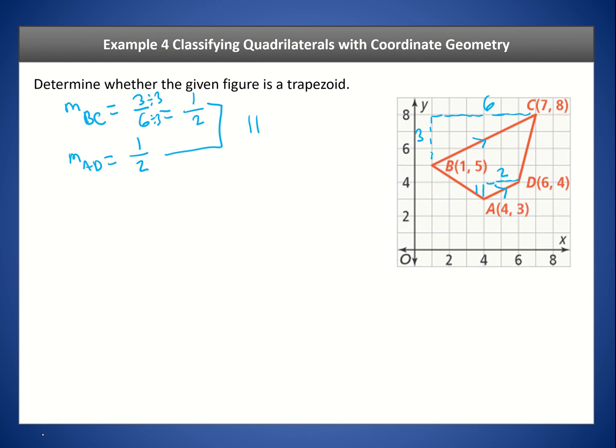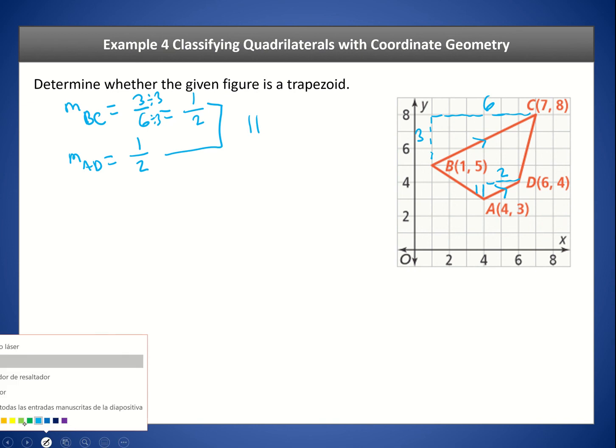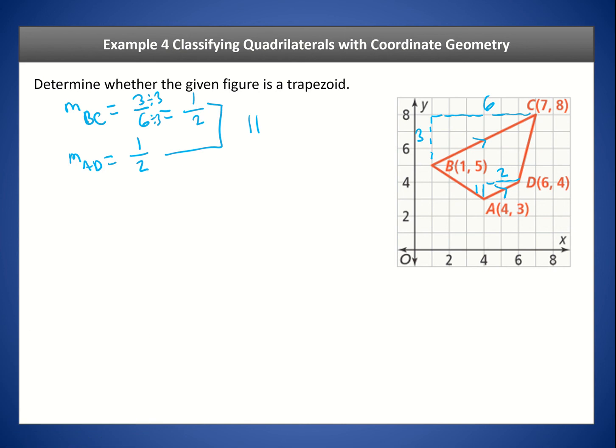Let's do the last pair. So let's do it's going to go down 1, 2. This one's going to go over 1, 2, 3. So the slope of BA is negative 2 over 3, which is not the same as 1 over 2, which is good so far.